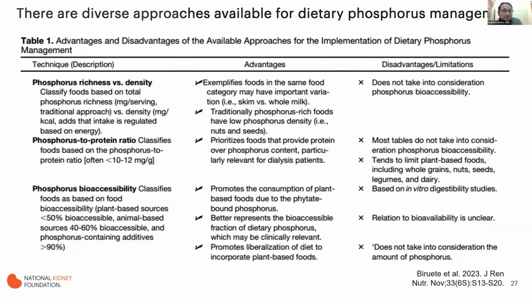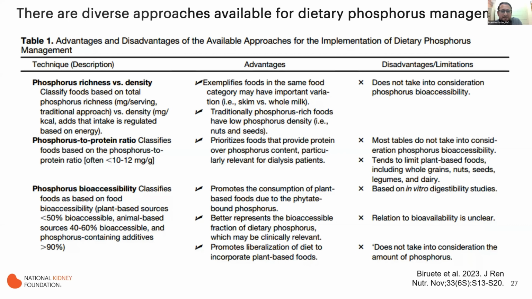In dialysis, we also have a juxtaposition between higher protein needs and the desire to limit phosphorus, so we sometimes use a phosphorus to protein ratio.